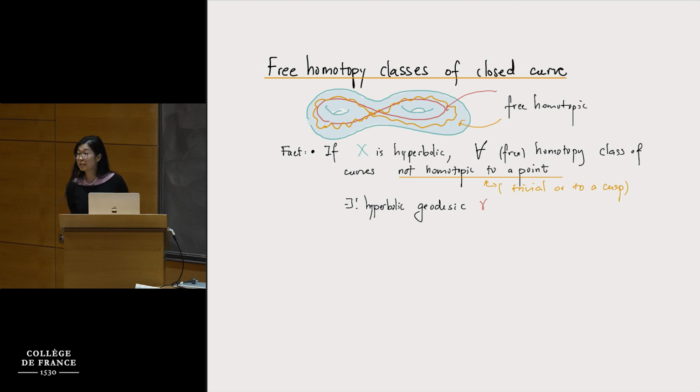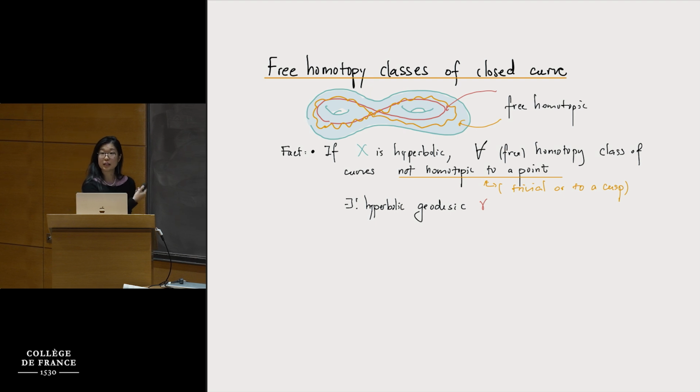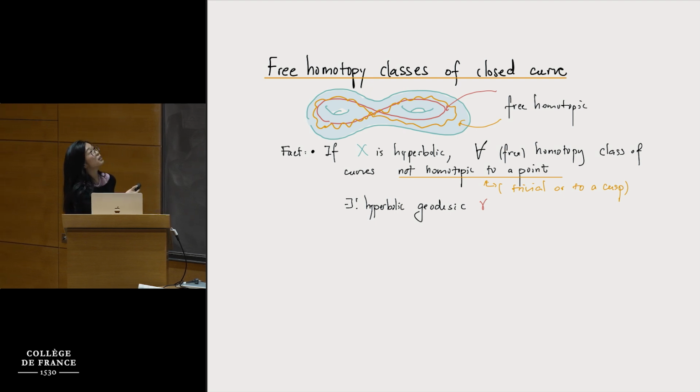For a hyperbolic surface, there is a nice feature. For each free homotopy class of closed curves, there exists a unique geodesic in this free homotopy class. By free homotopy, it just means that these 2 curves, this orange curve and this red curve, are freely homotopic if you can modify one continuously to the other. And for each class, there's only one geodesic.